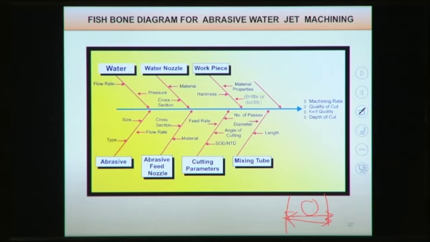Kerf is what is generated when this jet with diameter D is cutting. After cutting, you can see there is a width of cut, and this is called the kerf. So the kerf is the width of cut on the workpiece surface.